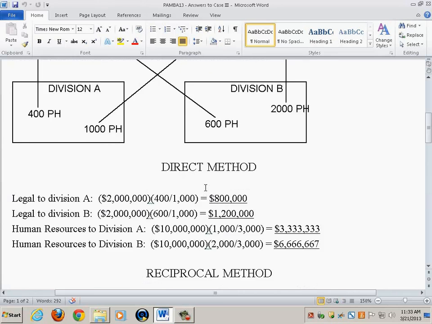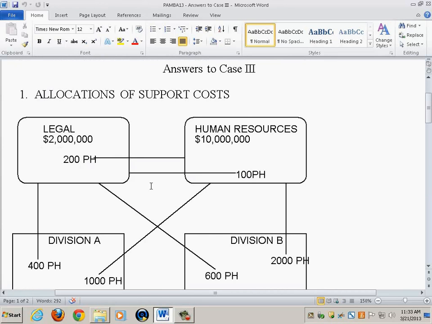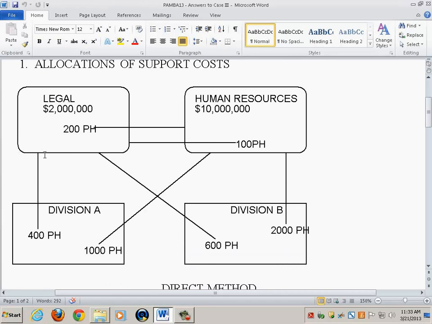In the example, you were given the decision of the CFO to use total person hours as the cost driver. So that is typical of a traditional costing method.